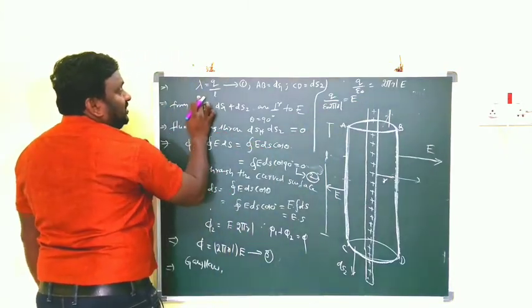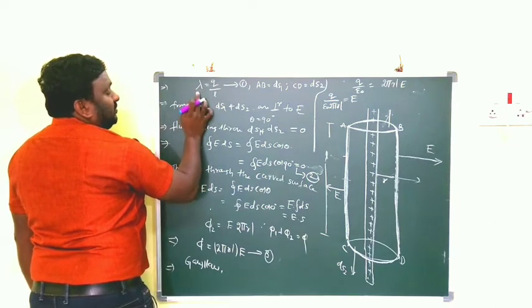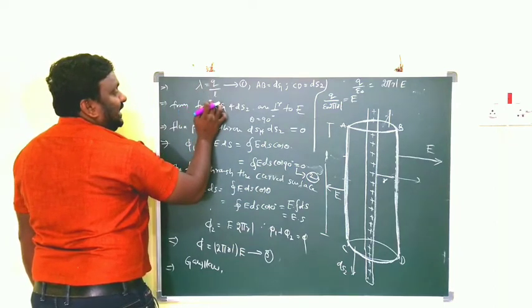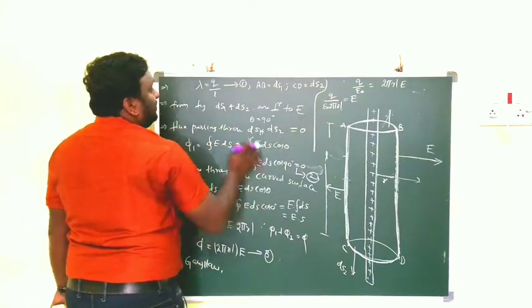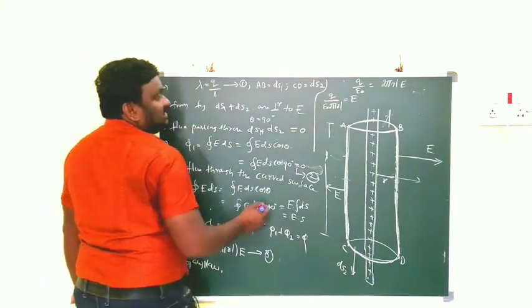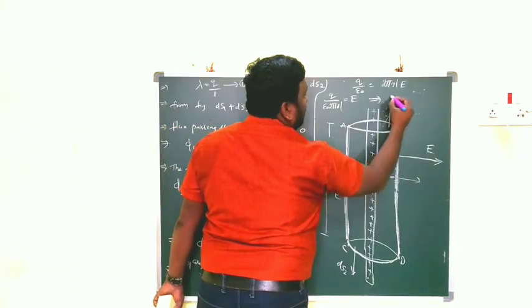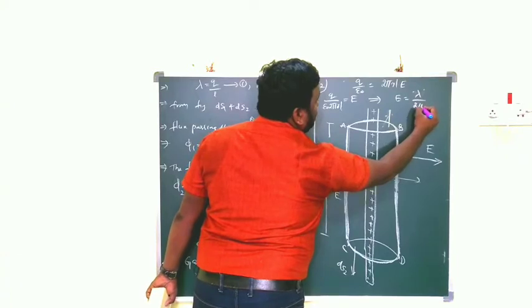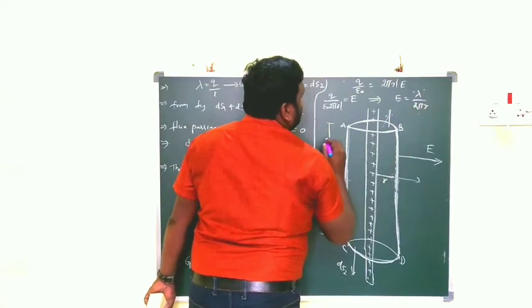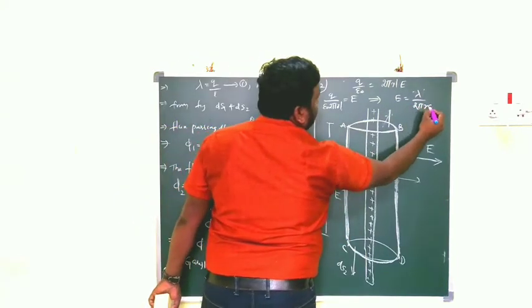So from equation number 1, lambda is equal to Q by L. Q by L means linear charge density. That's why we now get E is equal to lambda by 2 pi R into epsilon naught.